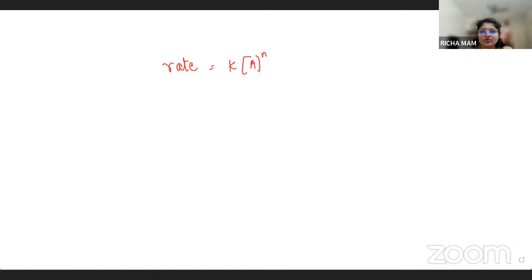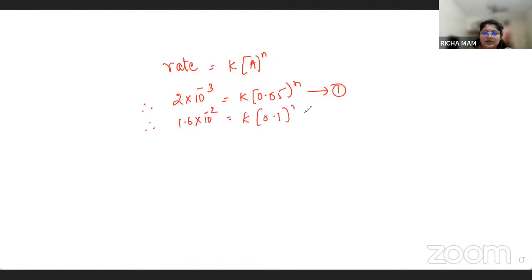Okay, just see, I'll do it here. I hope the white screen is visible. So what we said, rate is equals to k into a raised to n. With this, we have applied both the rate equations. So the first rate equation is k into 0.05 raised to n, and the second one is 1.6 into 10 raised to minus 2 equals k into 0.1 raised to n.